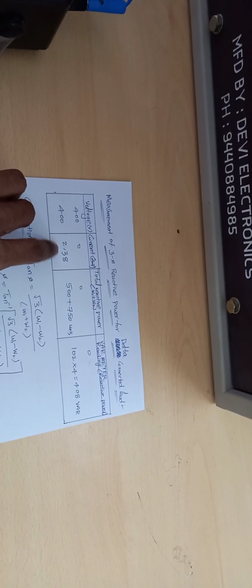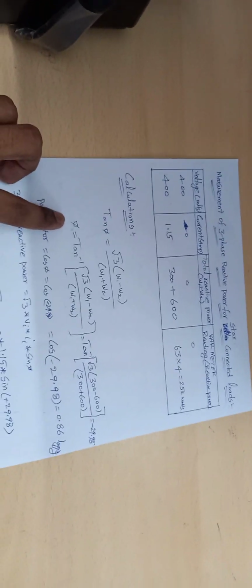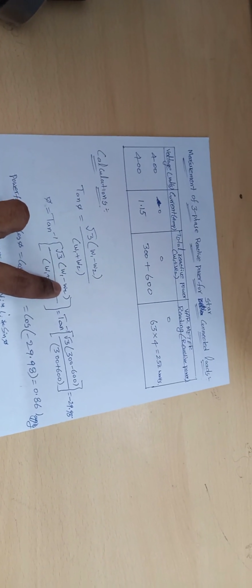So whenever the current increases, automatically power also increases and the var reading also increases. Here in the calculation we can observe the same formula: phi is equal to tan inverse of root 3 times (W1 minus W2) by (W1 plus W2). Okay.